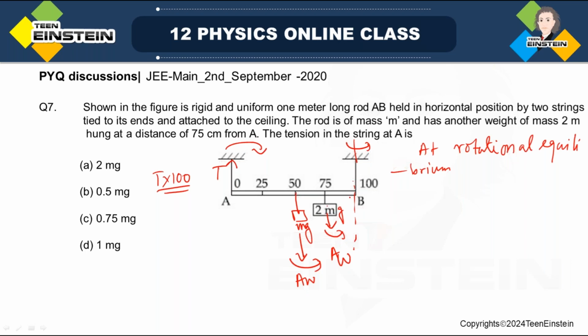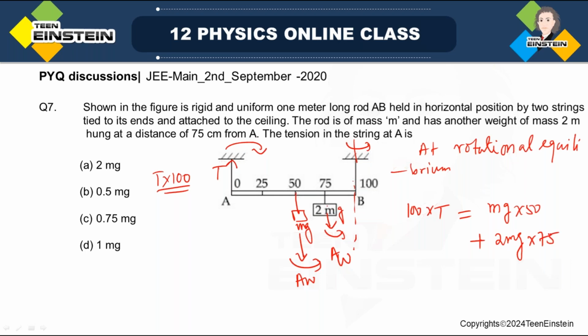So I can write 100 into T, and at equilibrium the net torque has to be 0, so clockwise and anti-clockwise moments balance. From there I can write mg into 50 plus 2mg into 75.